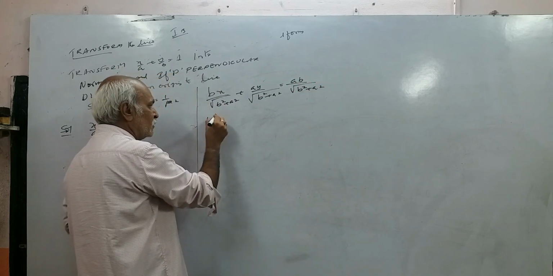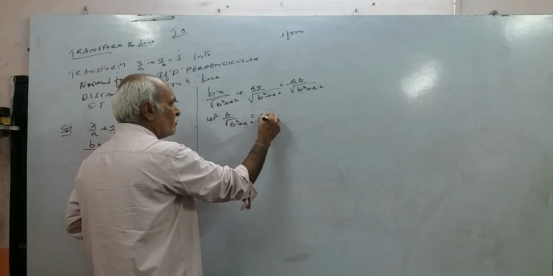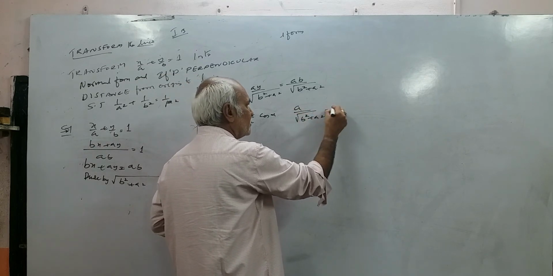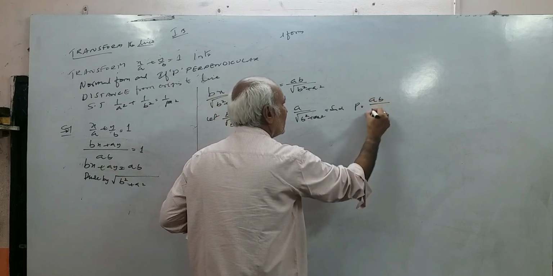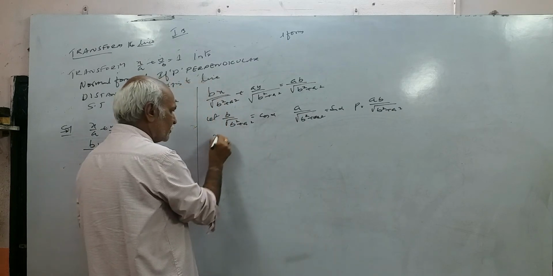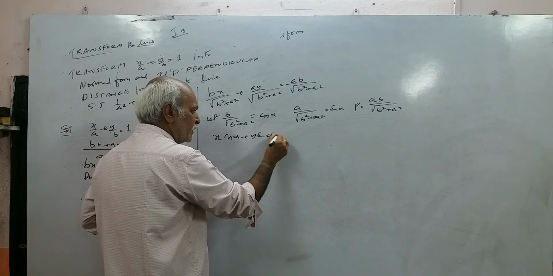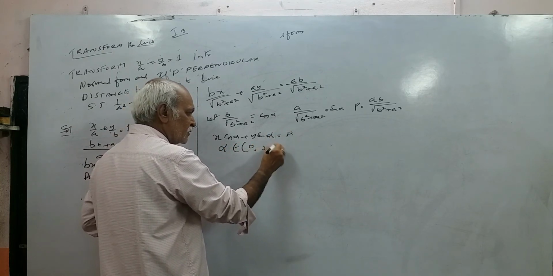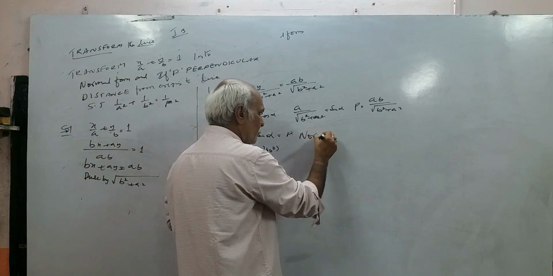Now, let b by root of b square plus a square be cos alpha and a by root of b square plus a square be sin alpha, and p is ab by root of b square plus a square. Right? This becomes x cos alpha plus y sin alpha is equal to p, where alpha belongs to 0 to 360. So, we have converted it into normal form. This is what we call normal form.